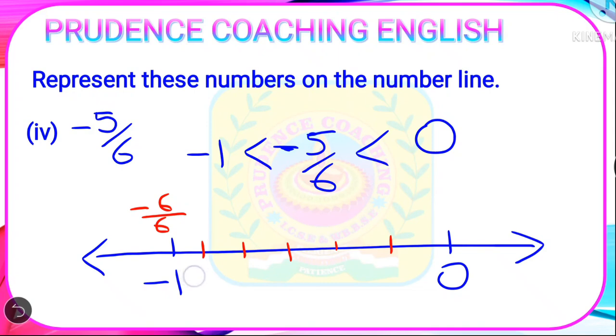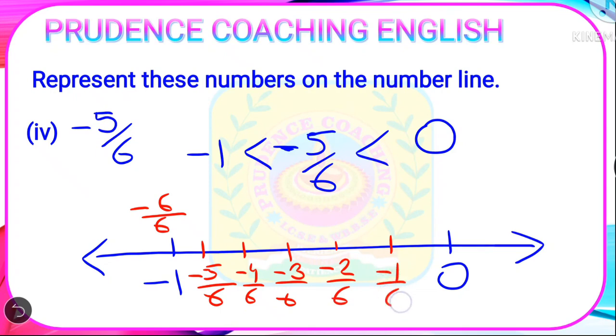Next one will be minus 5 by 6, minus 4 by 6. Next will be minus 3 by 6, minus 2 by 6, minus 1 by 6, and this one is 0 by 6. We know 0 by any number is 0. So here our answer is this particular point, that is minus 5 by 6.